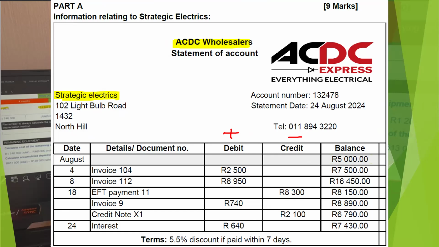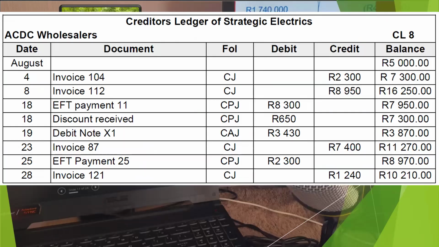Please note that you start comparing from where the balances are the same. So this side we have our creditors ledger of strategic electrics, and this one relates to ADC wholesalers. You'll realize that they have the same balances there.